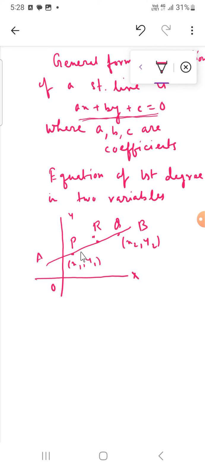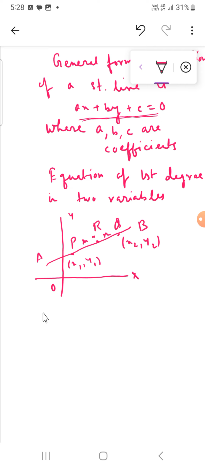On the curve PQ, I need two fixed points, and R in such a way that it divides PQ in the ratio m to n.